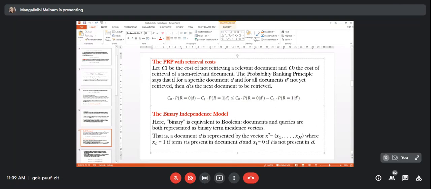Here in the binary independence model, we will be representing documents and queries as binary term incidence vectors. There we represented them as a matrix in the Boolean retrieval model, and in the binary independence model we are going to represent the document and queries as vectors.